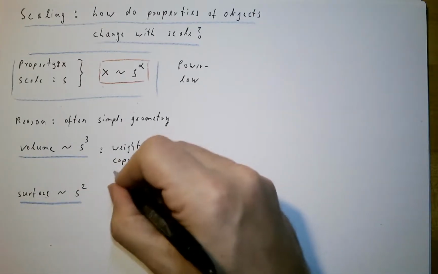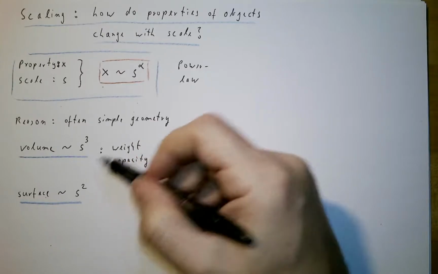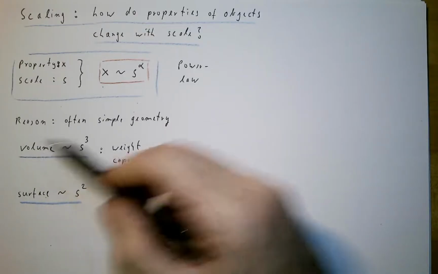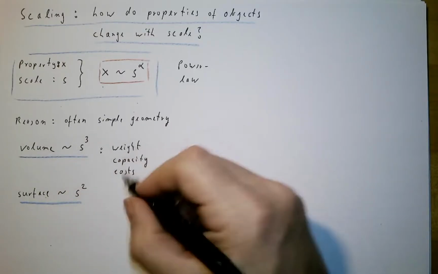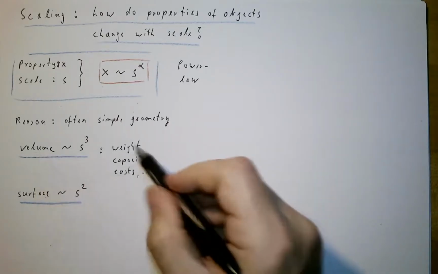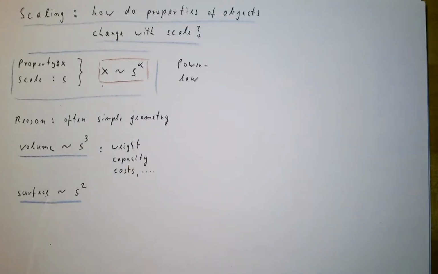Or very often the costs to build something, in the simplest case, just scale with the volume. So there are many properties which scale with the size of an object to power 3.